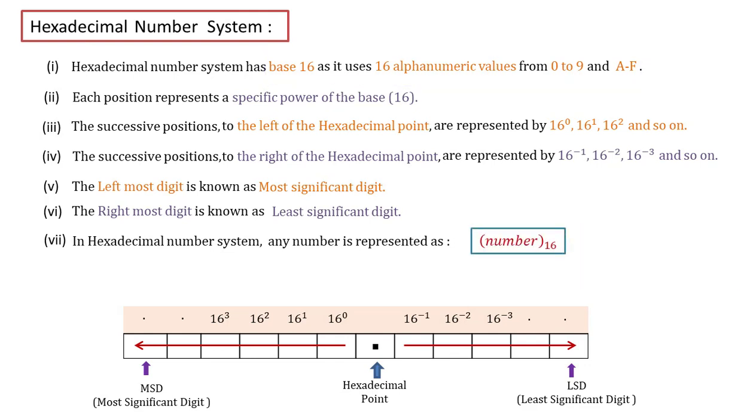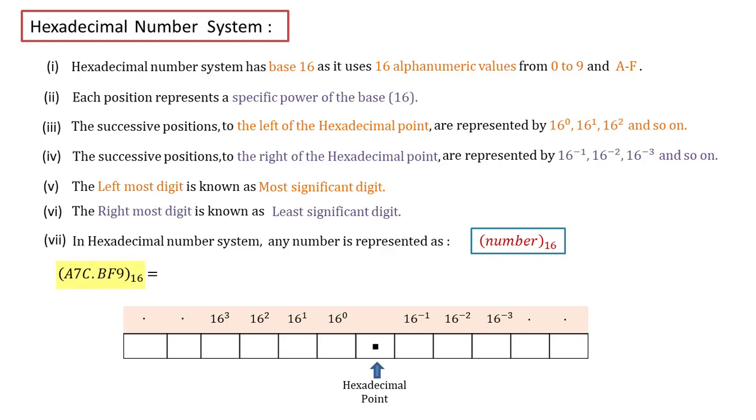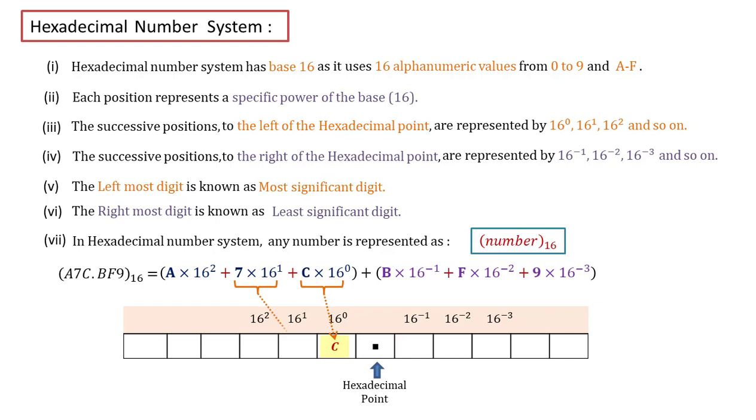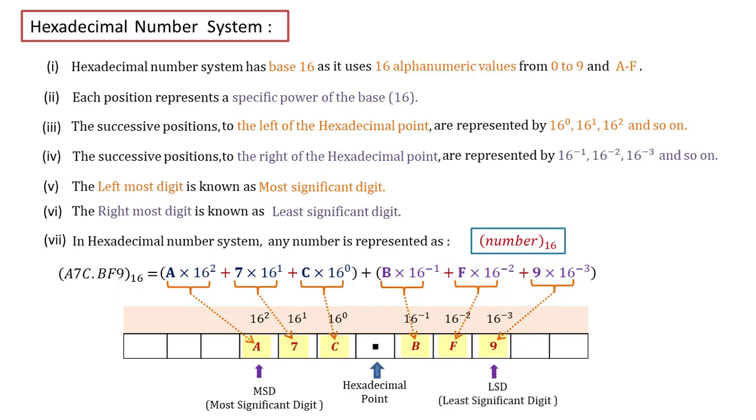Let us consider a hexadecimal number. Here, each digit has its own position and positions are represented as powers of 16. Here, the leftmost digit is 9, which is also known as most significant digit, and the rightmost digit is A, which is known as least significant digit.